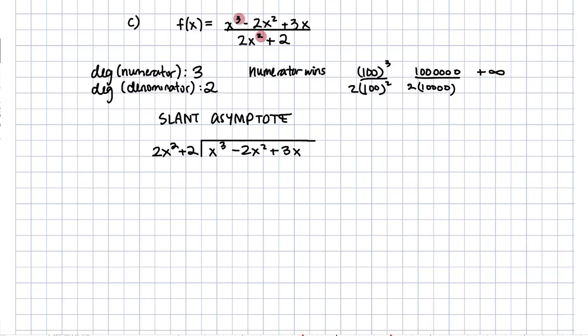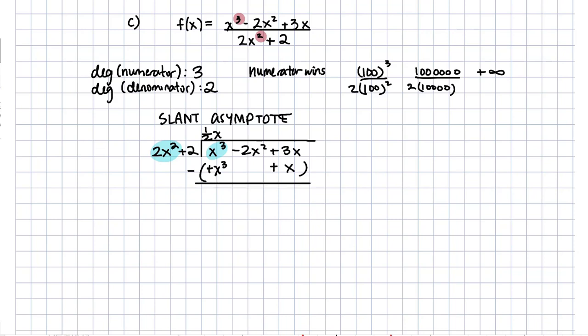Okay, so now I need to look at my leading term 2x squared compared to my leading term x cubed. What I have to multiply the 2 by to get to the x cubed looks like I would have to multiply by an x, and then I would have to multiply by a half. So a half x. And then when I do that, it's always minus. I get positive x cubed. And then a half x times 2 gives me x, just positive.